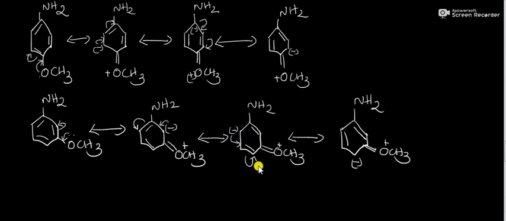And here there is no negative charge concentrated at the carbon at which NH2 group is attached. That's why meta-anisidine is less basic than para-anisidine.